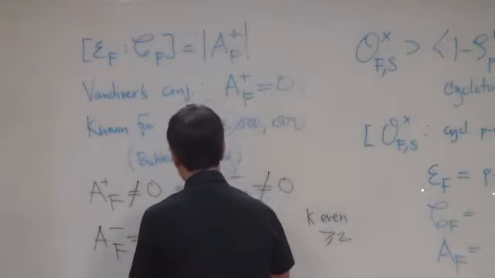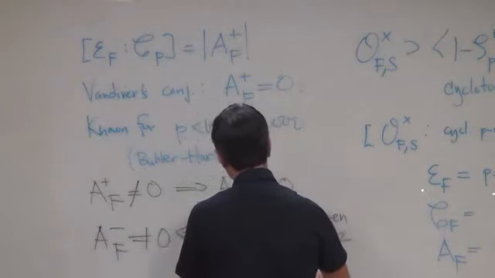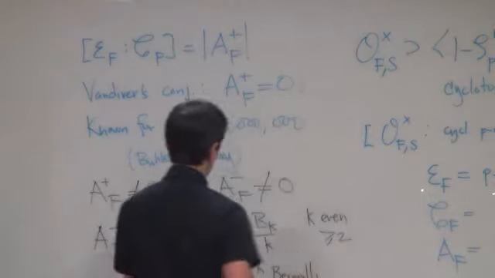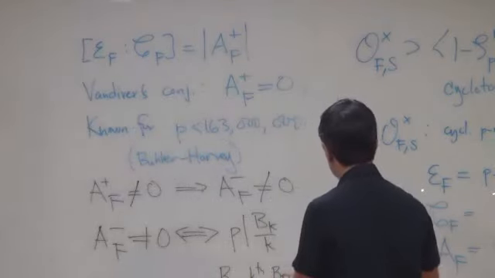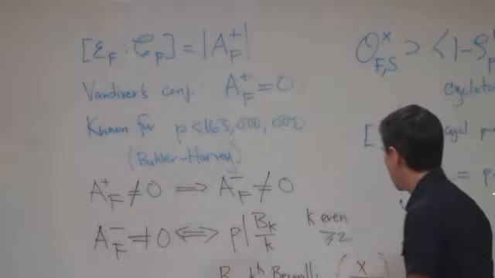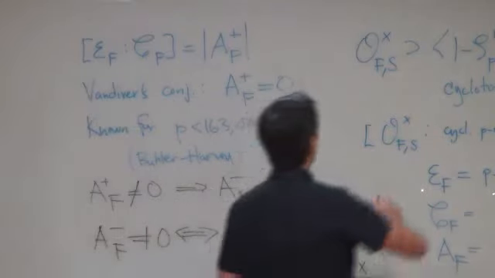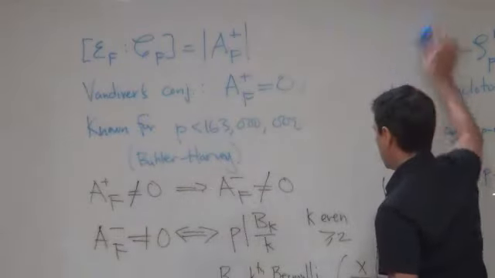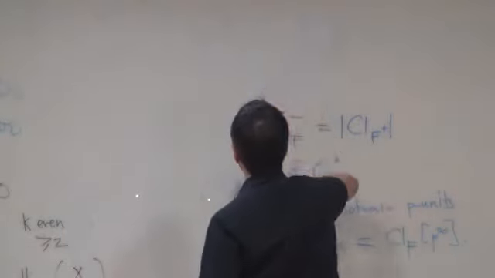So B_k here is the kth Bernoulli number, which is, if you like, the kth derivative at 0 of x over e^x minus 1. So it comes from this. That's by the analytic class number formula.